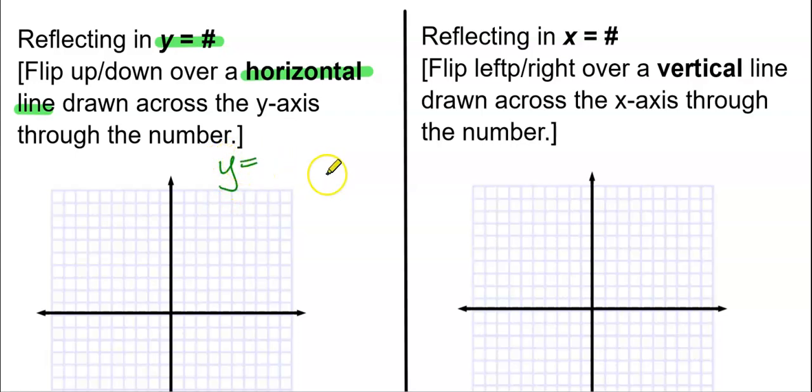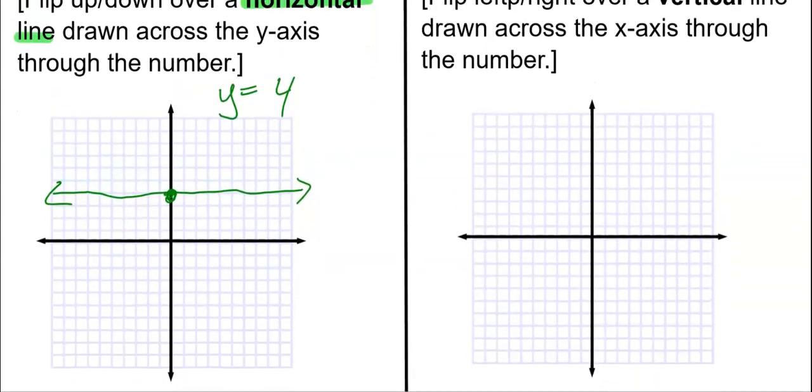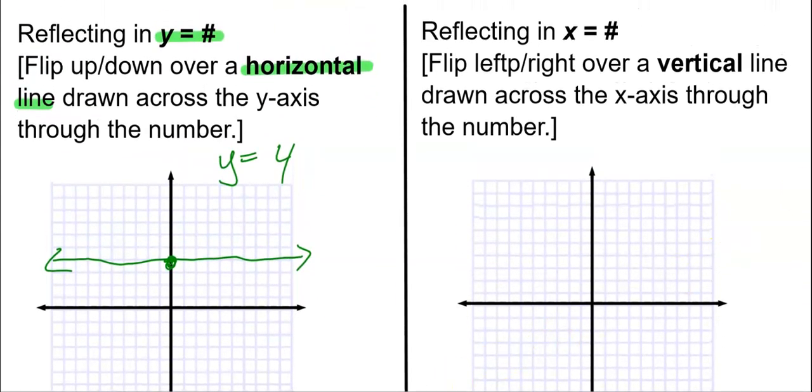If I say my line is y equals 4, that means I am going to cross the y-axis at 4. 1, 2, 3, 4. So that's this horizontal line. Only cross y at 4. And then there's not really a rule for this. It's just something that you're going to be given a graph for. So just understand that and be able to do it.